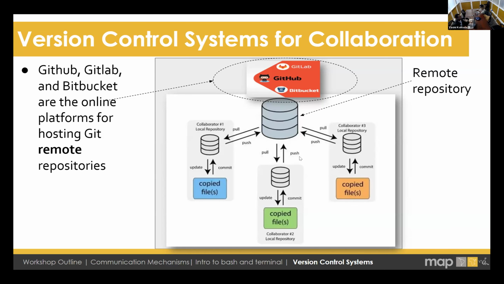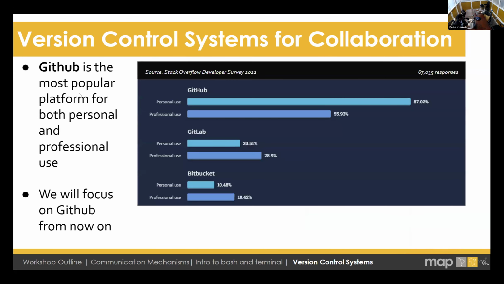You can see these backward and forward arrows; they show it is a repetitive process. So here is an example, a model of how people collaborate using an online Git remote repository.